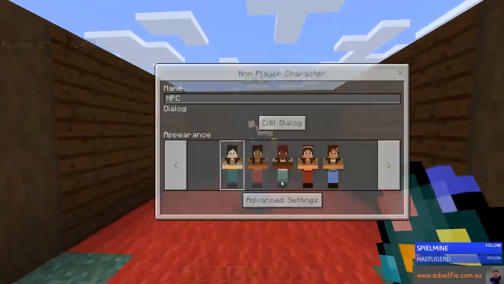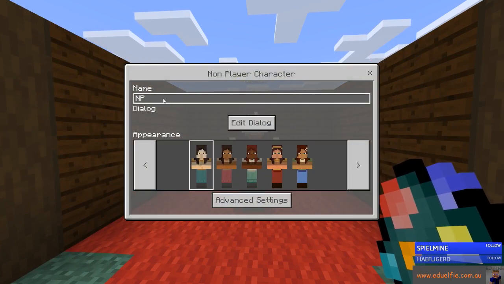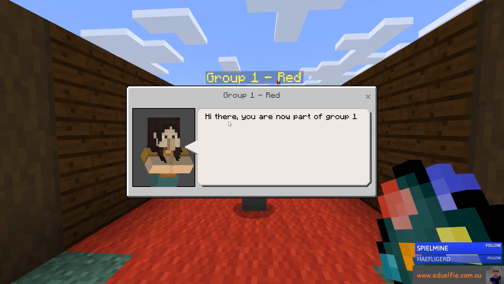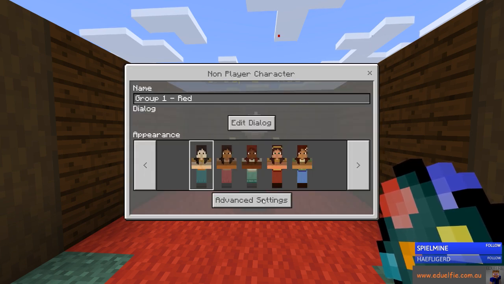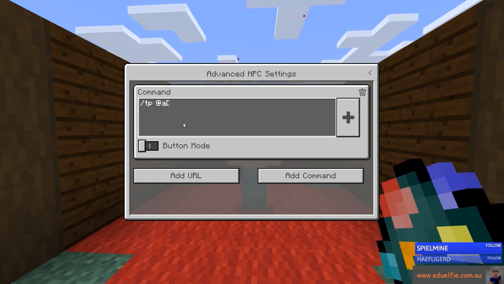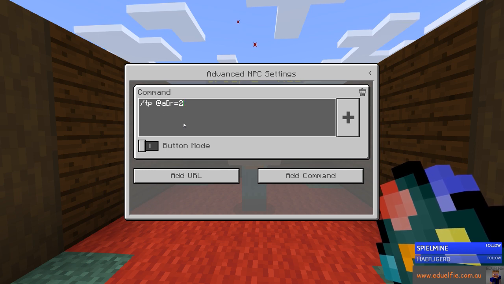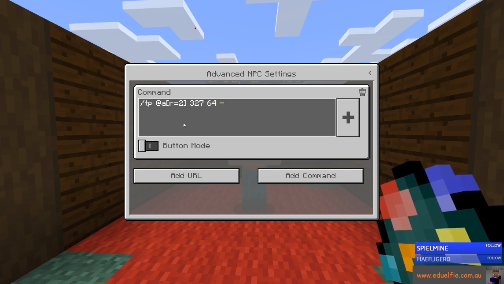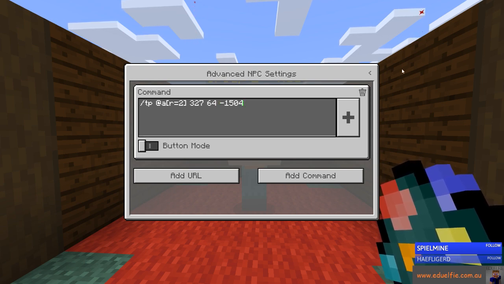Okay, group 1 red. Group 1, command TP @a[r=2] to 327.64, negative 1504.